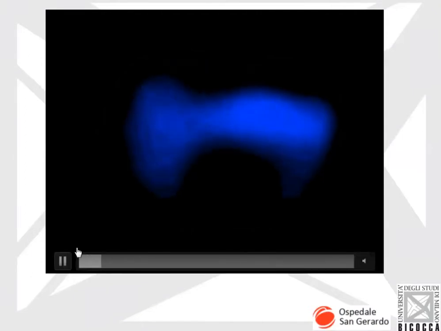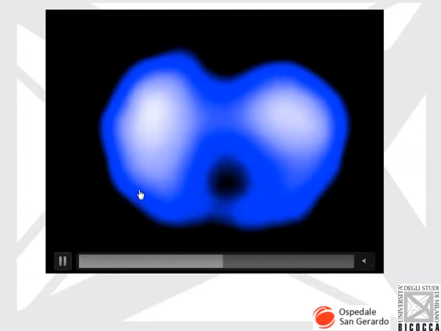You get basically a real-time image of ventilation, a real-time imaging of the air entering the lungs and leaving the lungs. And this is because air has a very high impedance, which, to make it simple, is a very high resistance to electricity.